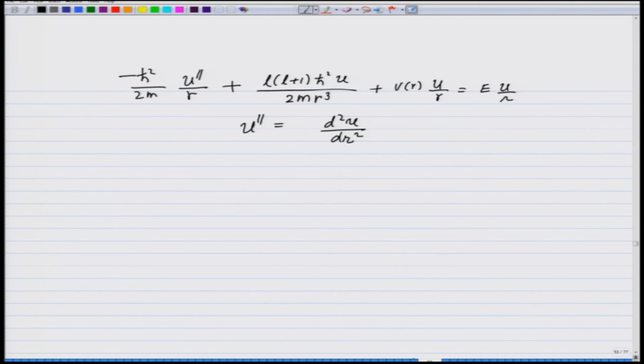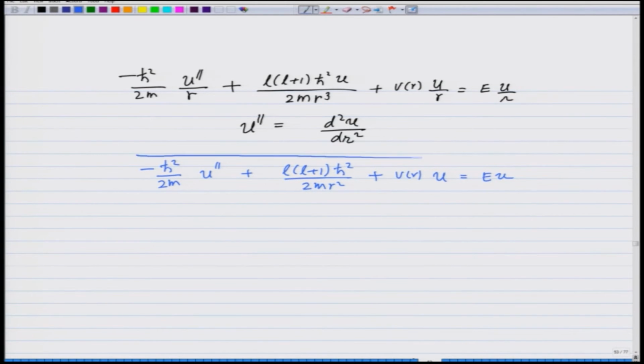Multiply by r throughout and the equation becomes minus ħ² over 2m u double prime plus l(l+1)ħ² over 2mr² u plus V(r) u equals E u. This is like the Schrodinger equation for one dimensional motion, except that this V(r) also has an additional term here.